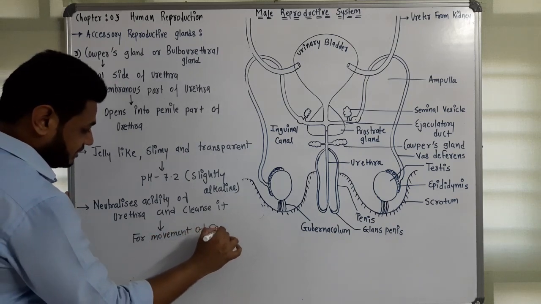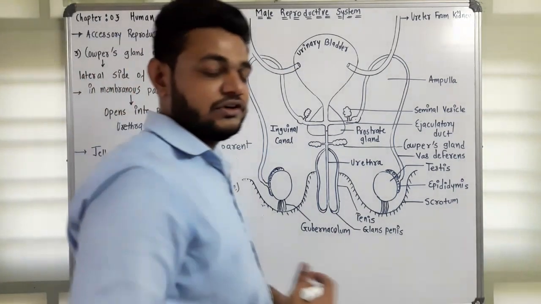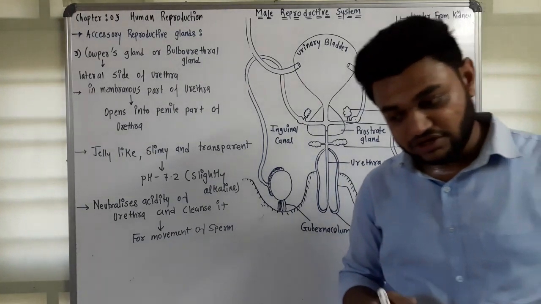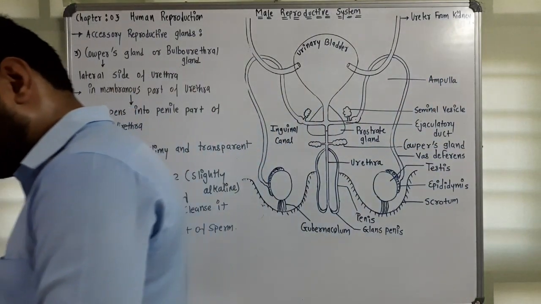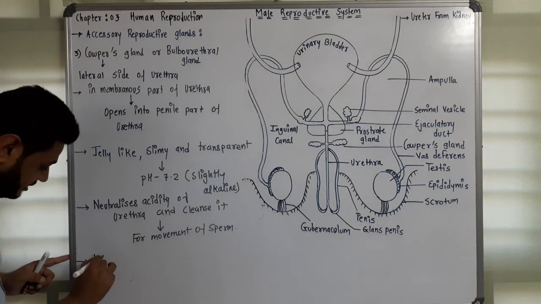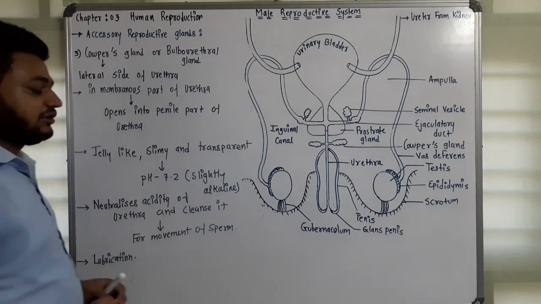So this is about the function of this gland. It also plays a role in lubrication during sexual intercourse. So this is the completion of the accessory reproductive glands.